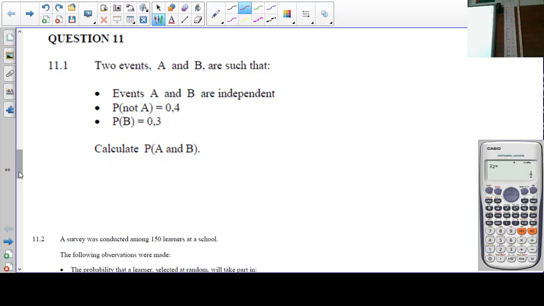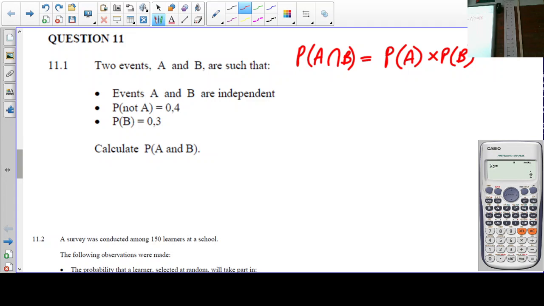The independent rule: the probability of A and B is equal to the probability of A times the probability of B. Whenever you read the word independent, you write that down first. Events A and B are independent.